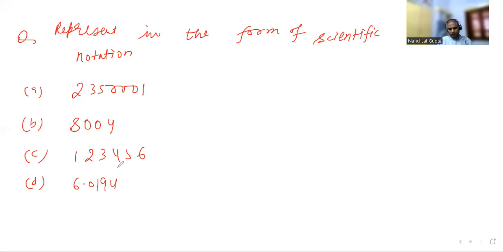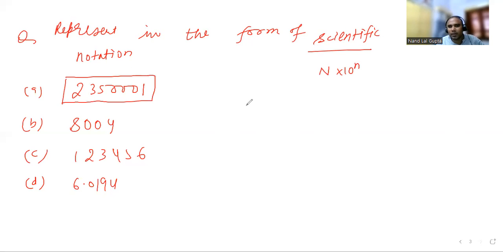Sir, I have a doubt. Okay, tell me. Sir, how can you do the first one for me? This one? Yes, sir. Okay, Malvika, the scientific notation, they are saying we have to write in the form of N into 10 power n, right?